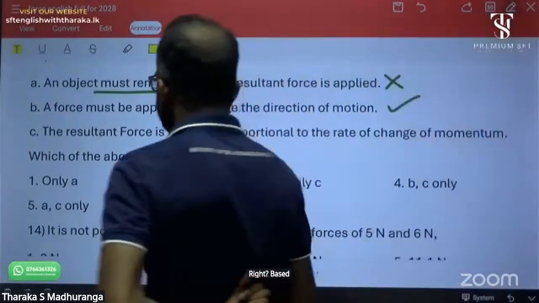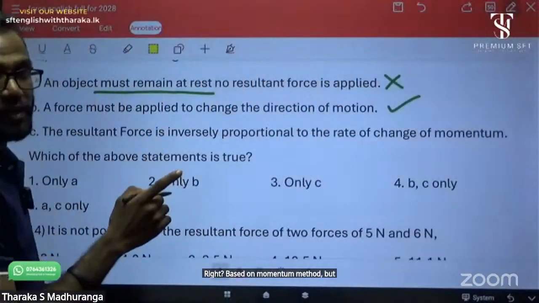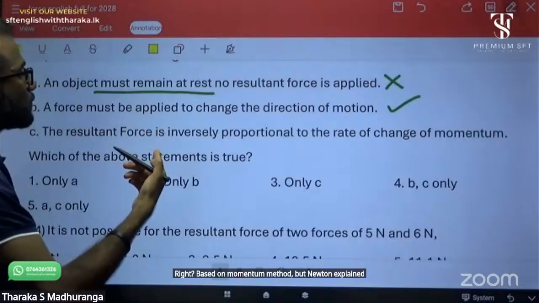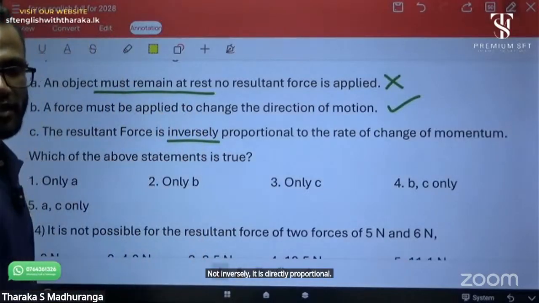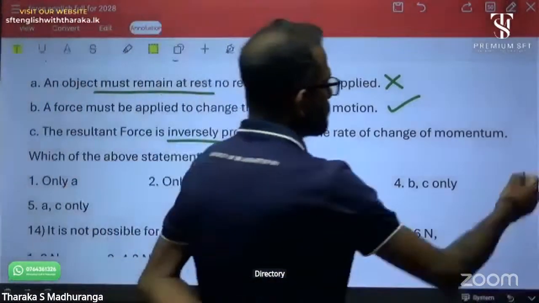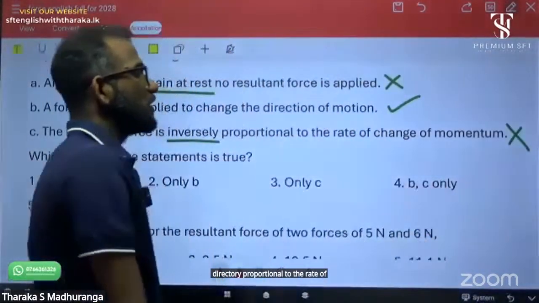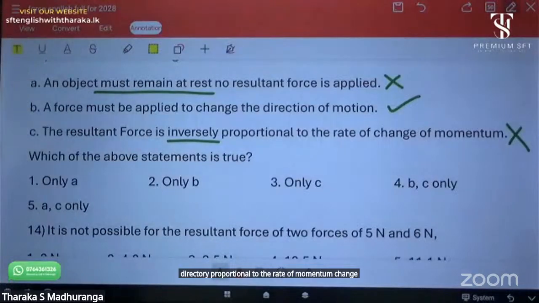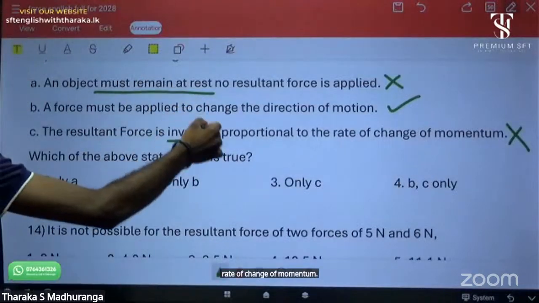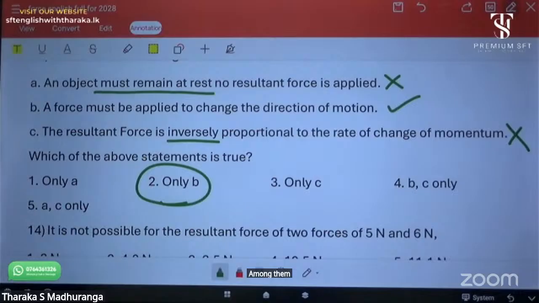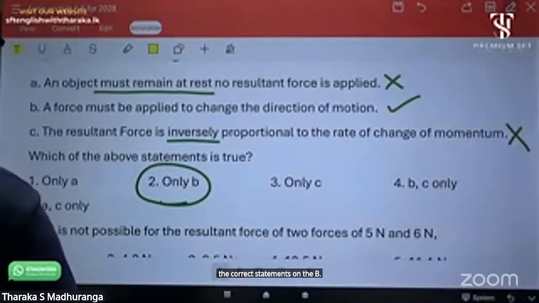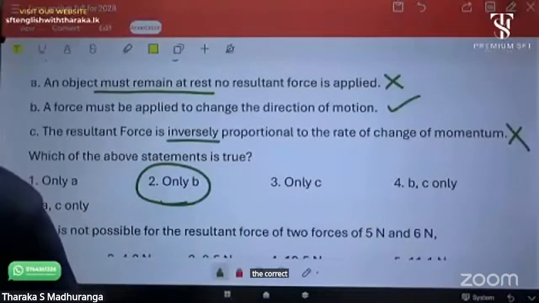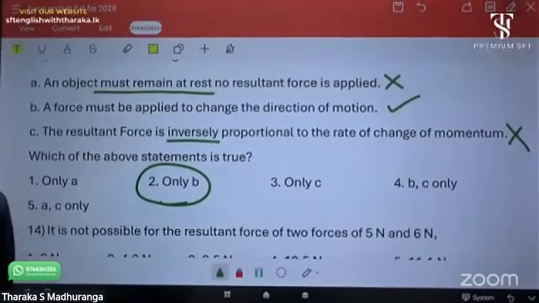Newton explained that the unbalanced force, the resultant force, is not inversely but directly proportional to the rate of change of momentum. Among them, the correct statement is only B.